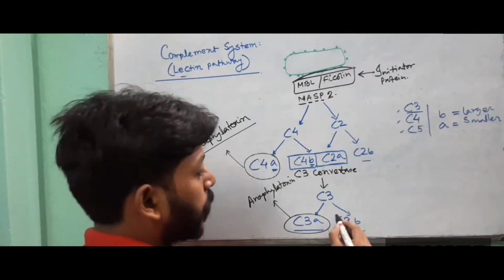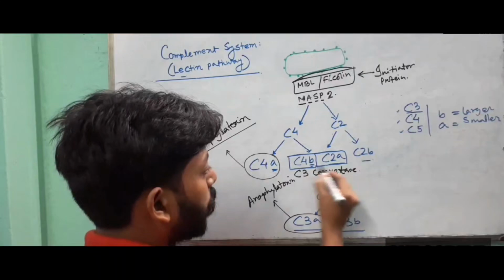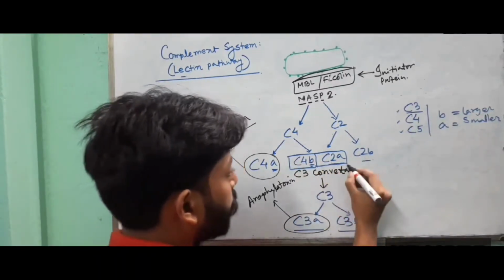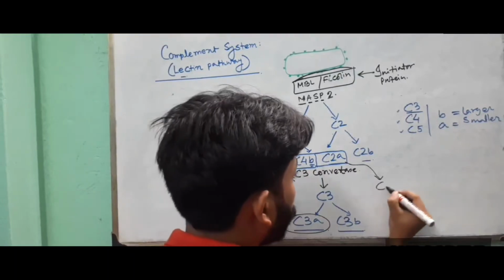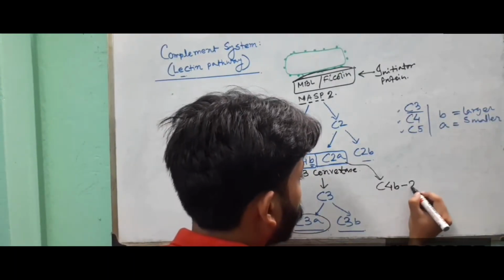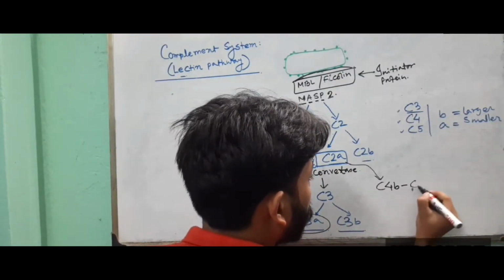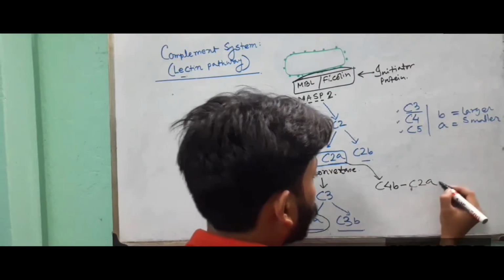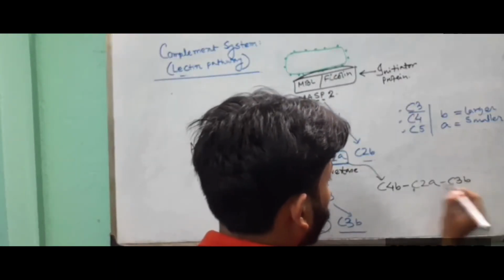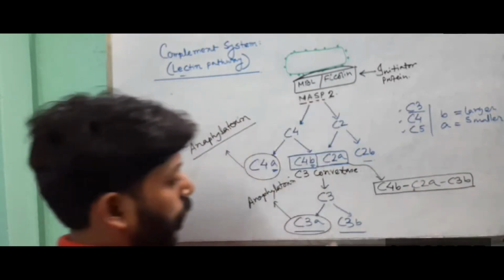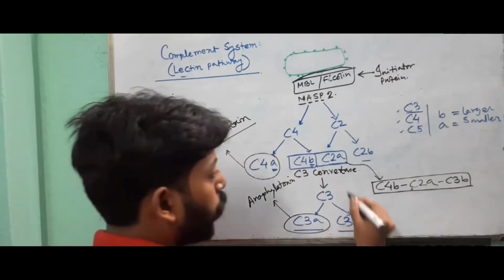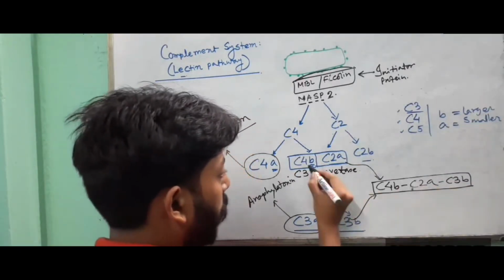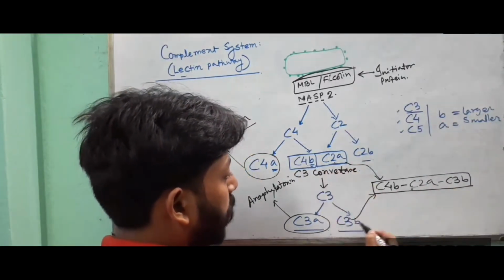This C3b protein can join with the complex C4b C2a. So now this complex, C4b attached with C2a, joins with this molecule C3b to form another complex called C4b, C2a and C3b fragments.